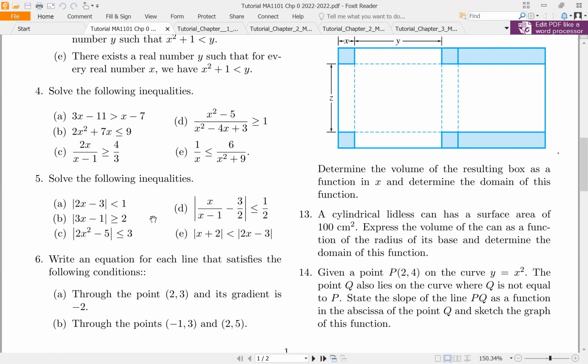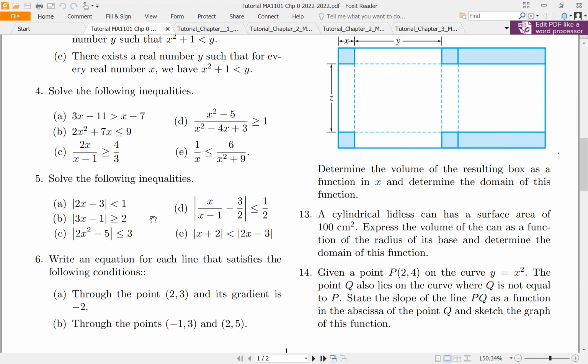In that case, for example, the inequality for absolute value, then you start with the meaning of the absolute value. So you have to solve the inequality. For example, probably the appropriate question will be 5A there.